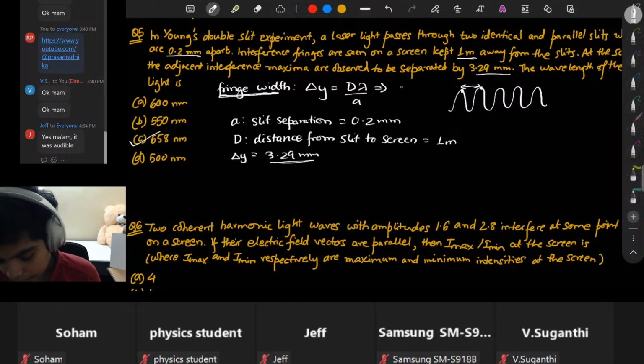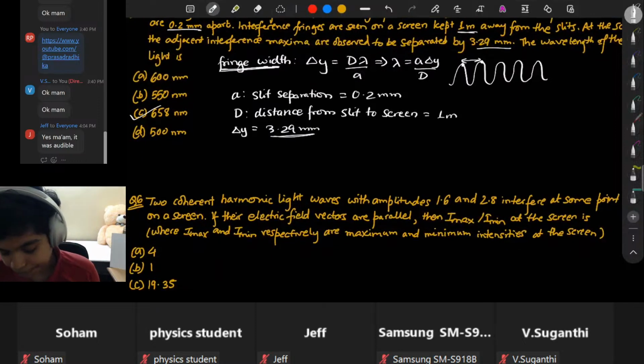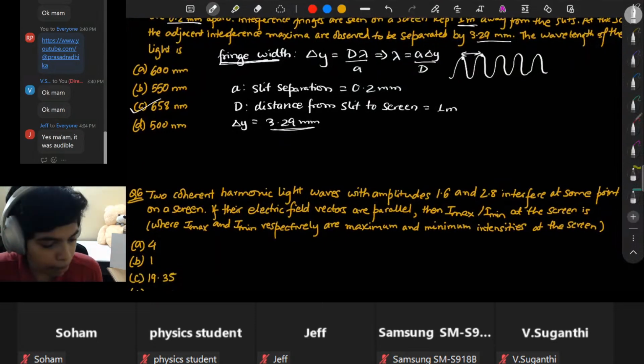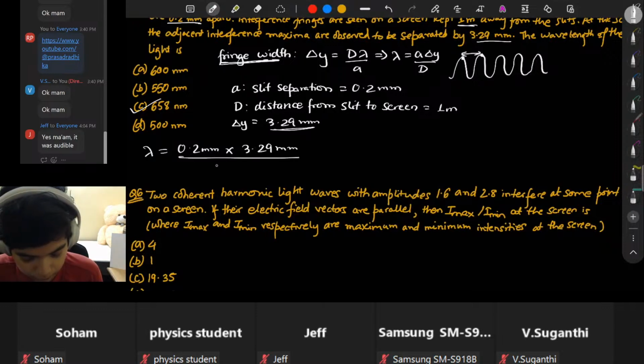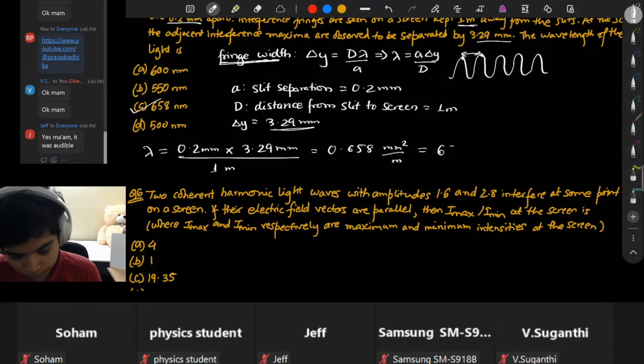So from here we can find lambda equals a delta y over capital D. So we can plug in these values. Now it is simple. Lambda is 0.2 millimeters times delta y, which is 3.29 millimeters, divided by D, which is 1 meter. So this comes out to be 0.658 millimeter squared over meter. So you get 658 nanometers. That's the answer.